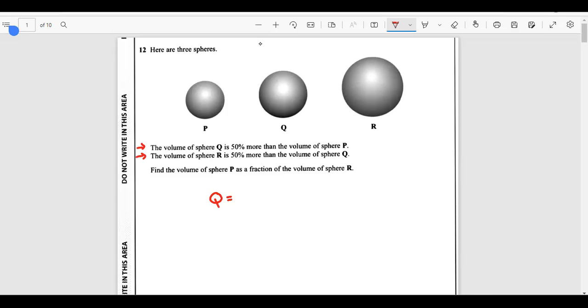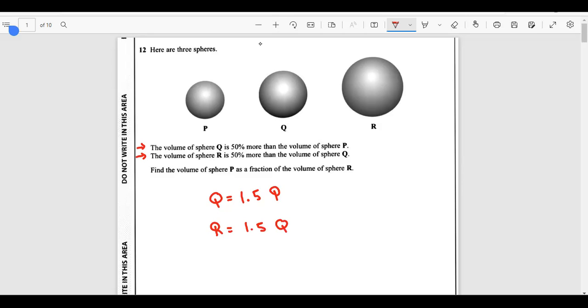So whatever its dimensions are, half bigger. So like a full of that, and then add on half of it bigger. Exactly. So what should I write down? 1.5? Yeah, you could write 1.5 times. Very good. Okay, so Q is 1.5 times P, and R is 1.5 times Q.